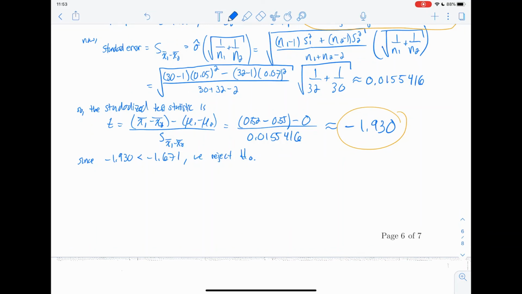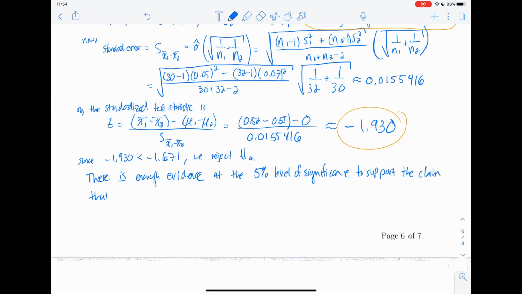So let's write that out. The conclusion is that there is enough evidence at our desired significance level, at which alpha was 0.05, so this is the 5% level of significance, to support the claim. And what is that claim?